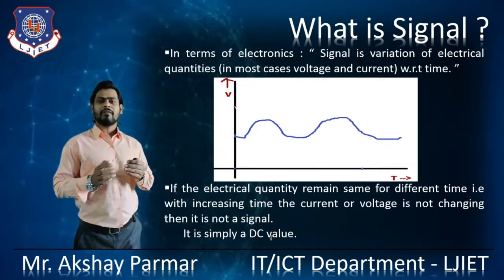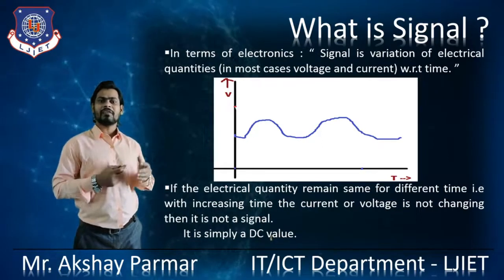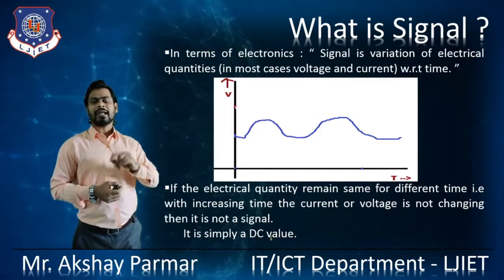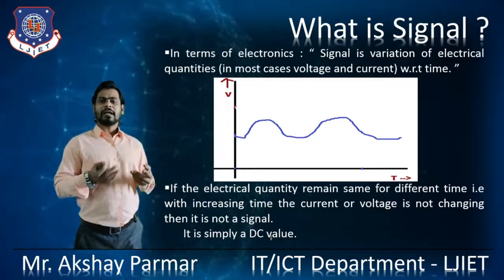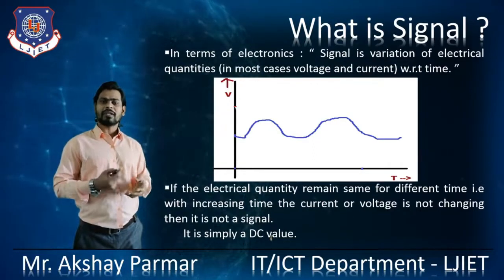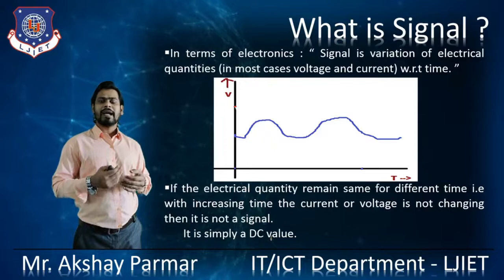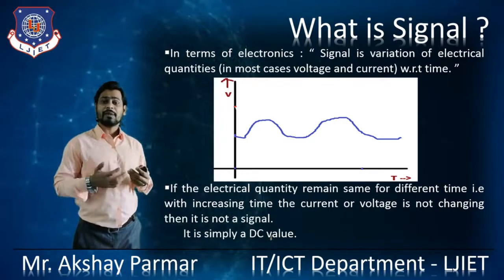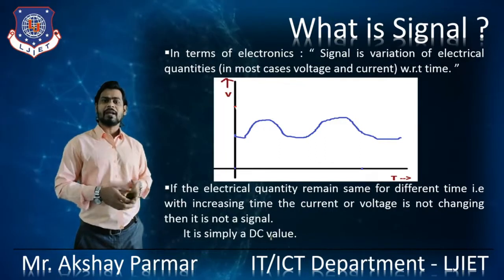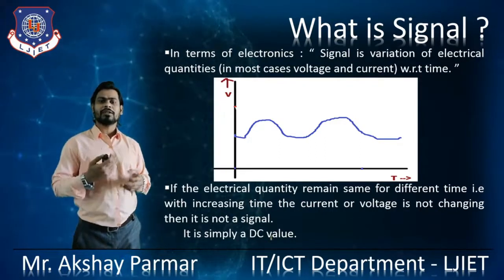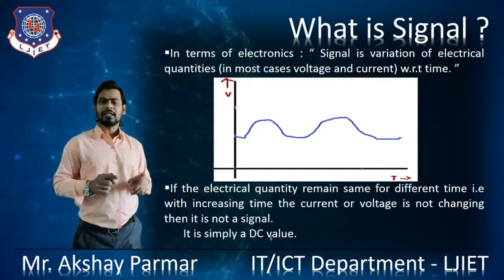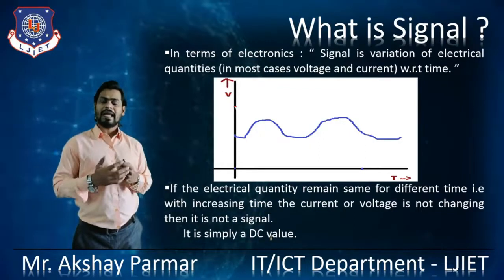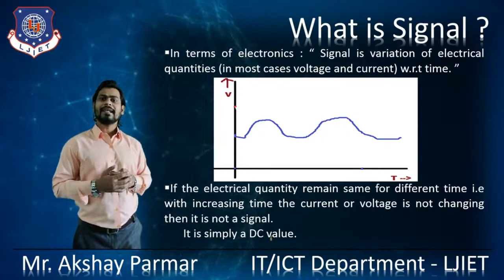If the electrical quantity remains the same for different times, we will get one single line, an ideal line at each and every time. For example, if with increasing time the current or voltage is not changing, then it is not a signal. It is simply a direct current value, a DC value.